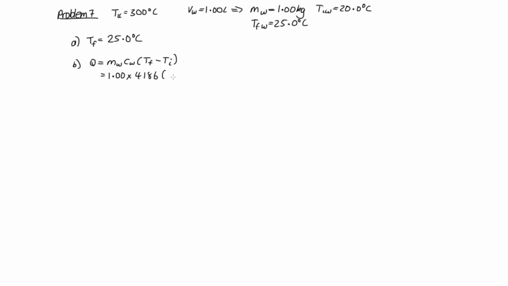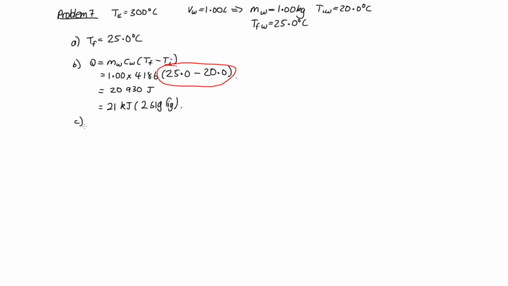The final temperature of the water is 25.0 degrees C and the initial temperature is 20.0 degrees C. So this is 1 times 4,186 times 5. Solving that, we get 20,930 joules. Now, technically, we should give this to 2 significant figures, as this part of the equation is only known to 2 significant figures. So this is equal to 21 kilojoules, to 2 significant figures.